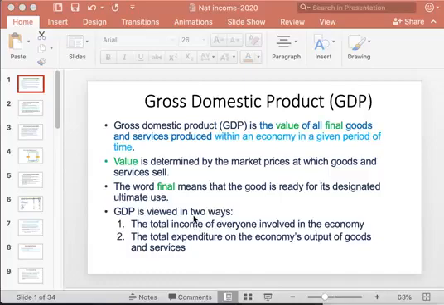Now this GDP can be viewed in two different ways. One, as the total income of everyone involved in the economy. Two, as the total expenditure on the economy's output of goods and services.